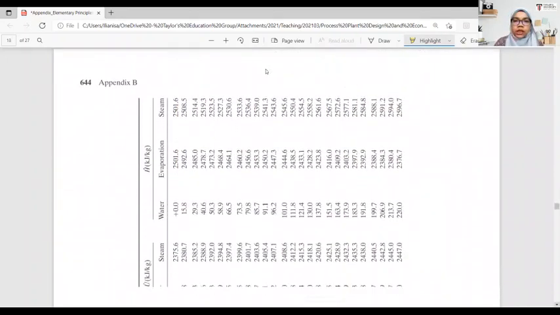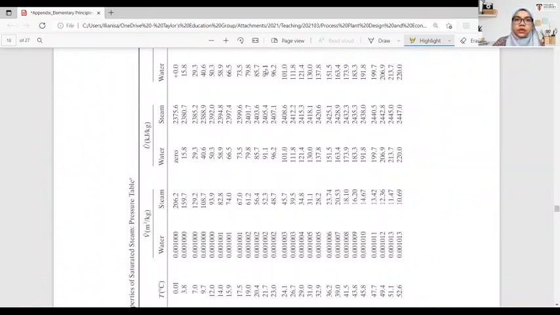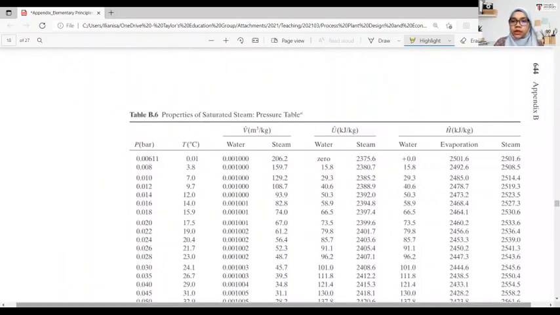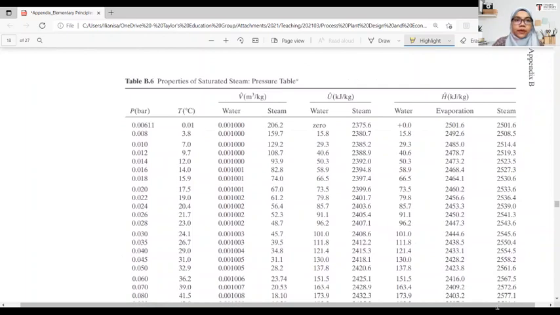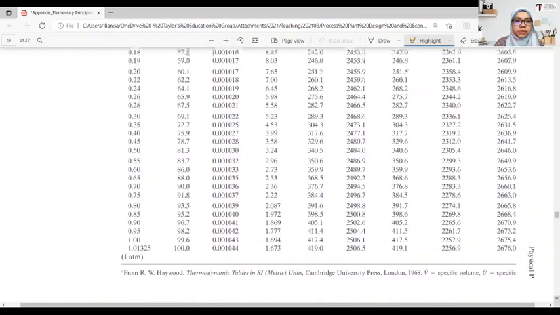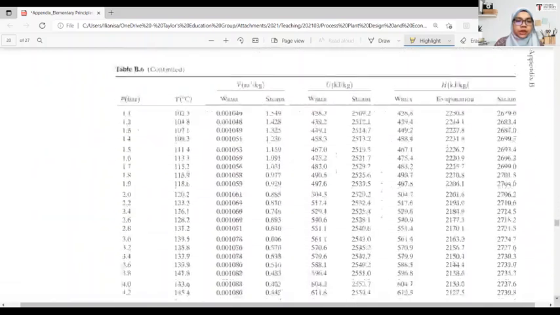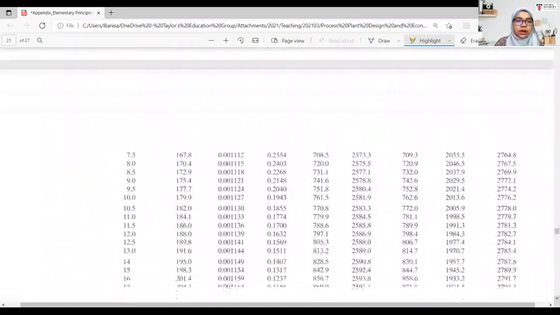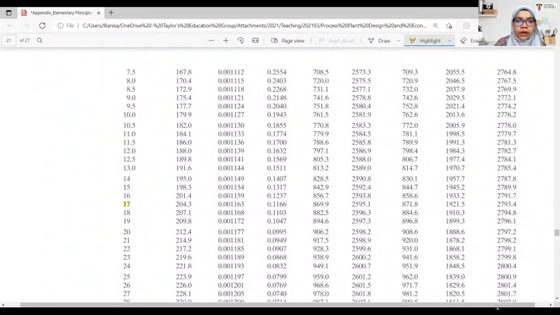The information given is pressure, so at 17 bar, okay, here we have 17 bar. The information is about the saturated steam, so it already turns to steam, so we may refer to the column for the steam here.